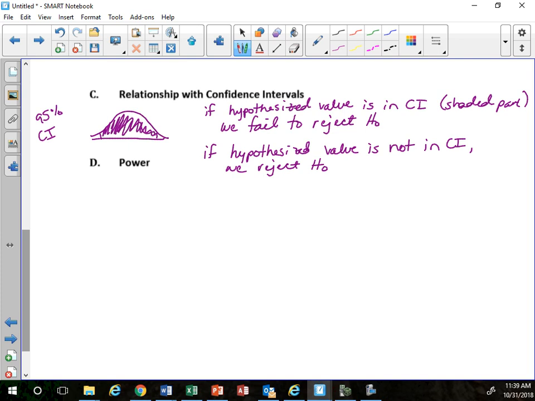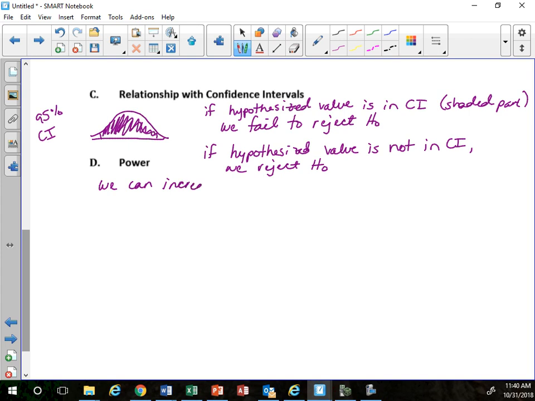All right. Power, just a couple things on power. We don't do a ton with it. Really, the biggest thing you need to know about it is how to increase power. So we can increase it.